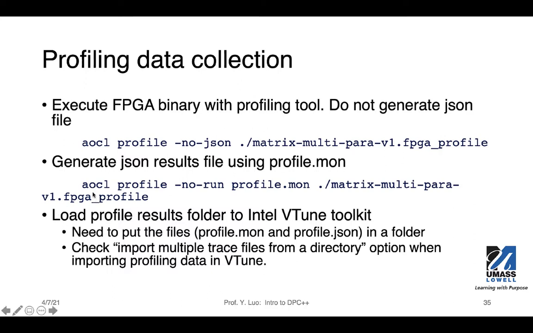To do that, we use aocl profile-no-run profile.mon, which is the file generated from the first command, followed by the name of the executable. So at the end, we will have two files. One is profile.mon, and the other one is profile.json. Both of these two files are needed when we load the results folder to Intel VTune Toolkit.